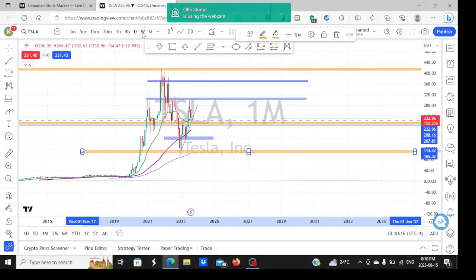Then we can go to the weekly zone. So first of all, when we look at the monthly, we notice that this candle is a red candle. This is since August of 22. It was up to 87, and then it came down, down, down, down.